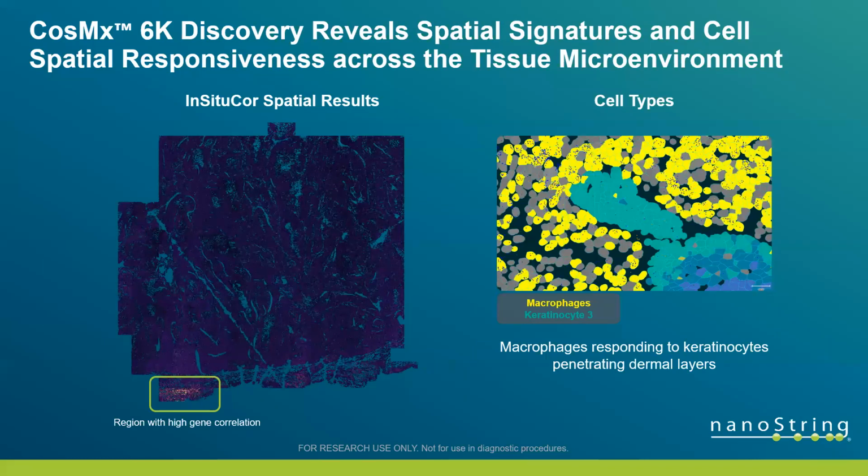This is taking a look at one of our latest applications, because at 6,000-plex, we've developed InSituCore. What InSituCore does is it helps to identify these gene hotspots by organizing these normalized values of gene expression across cells nearest to these 50 neighbors.